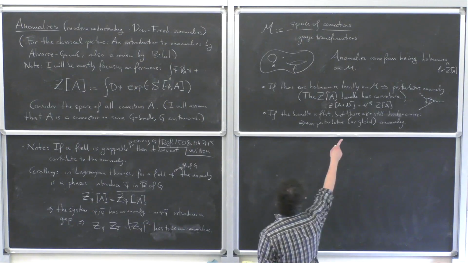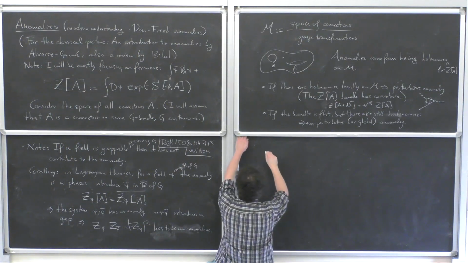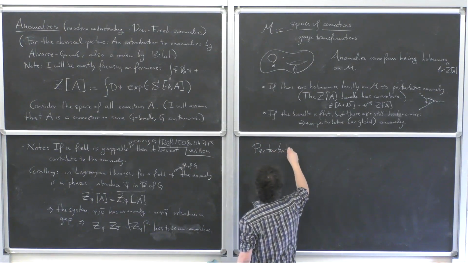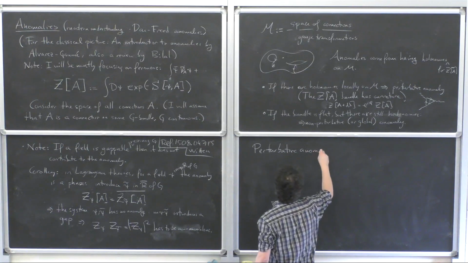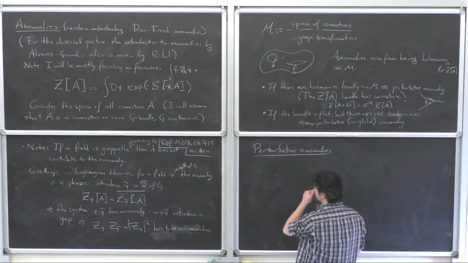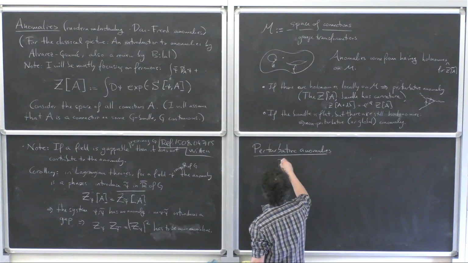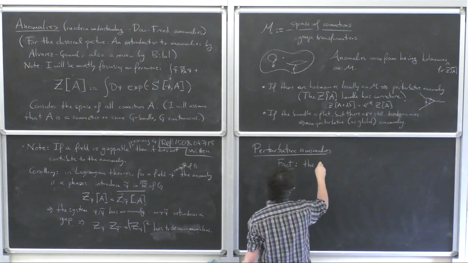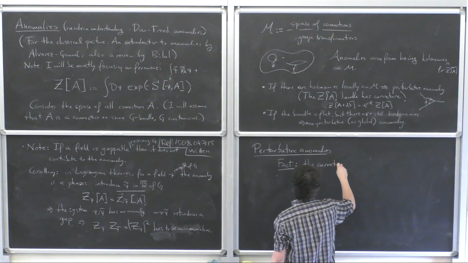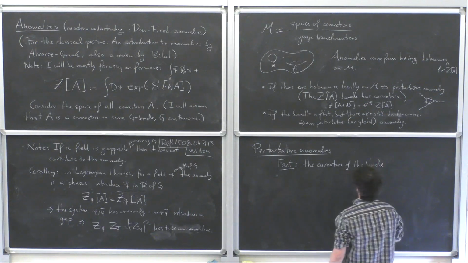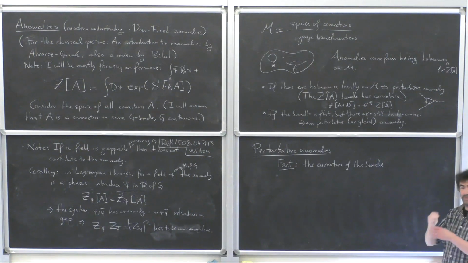Okay. Let me start with the local anomalies. I won't say much, the perturbative anomalies. So this is a fact that I'm not going to explain. The curvature of the bundle, if you think of the bundle as a line bundle, is going to be a two-form.